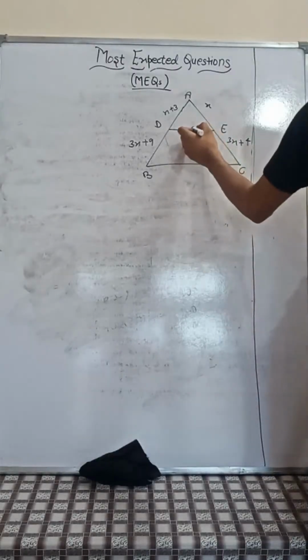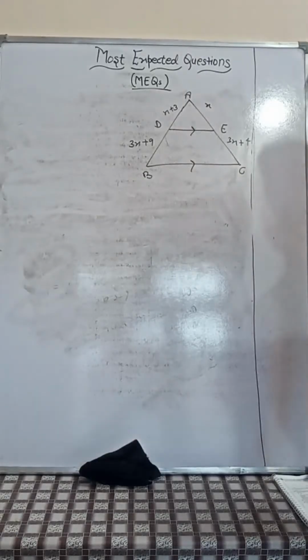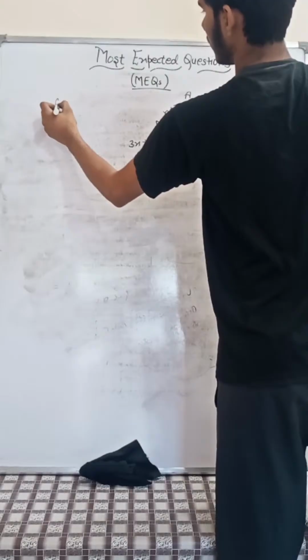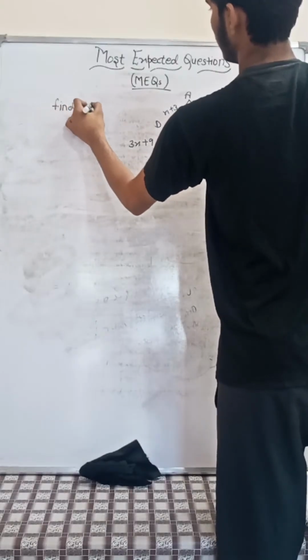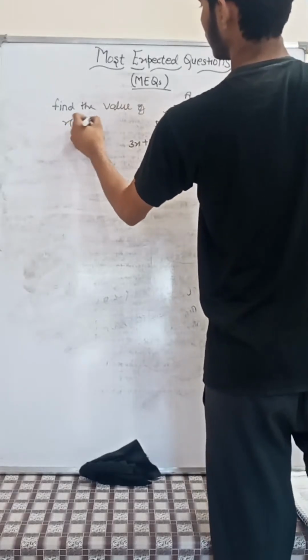It is given that DE is parallel to BC. Now the question is asking to find the value of x.